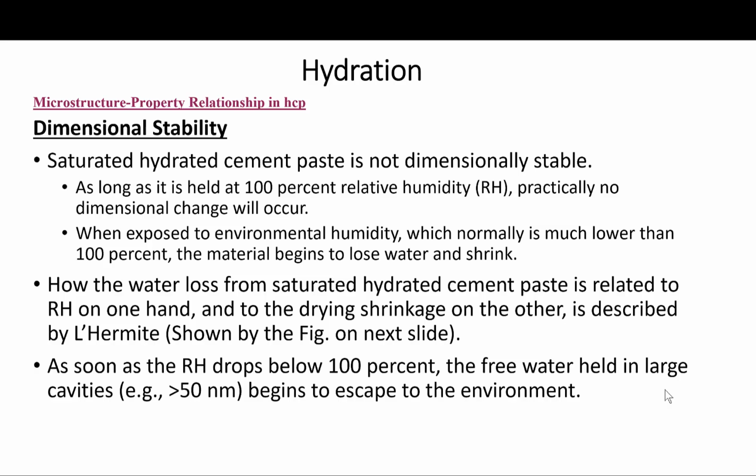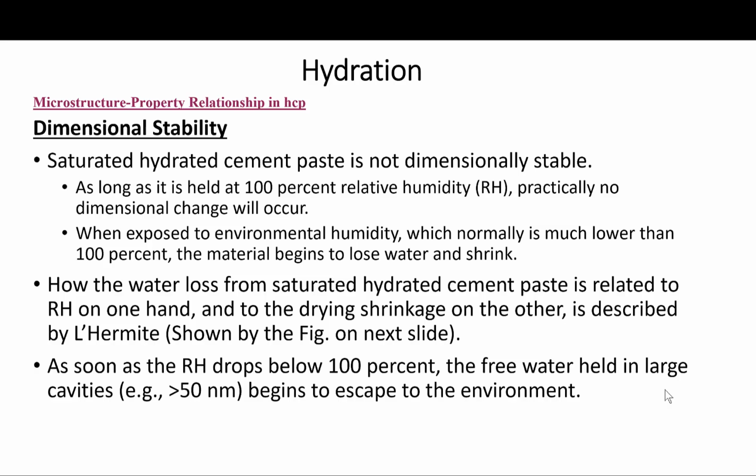When exposed to environmental humidity, which normally is much lower than 100%, the material begins to lose water and eventually shrink.